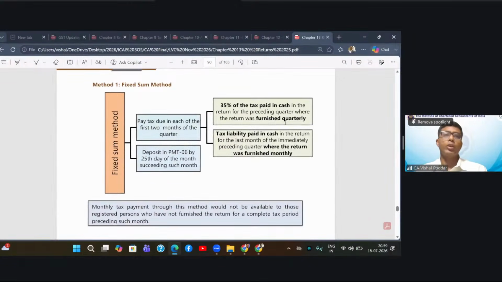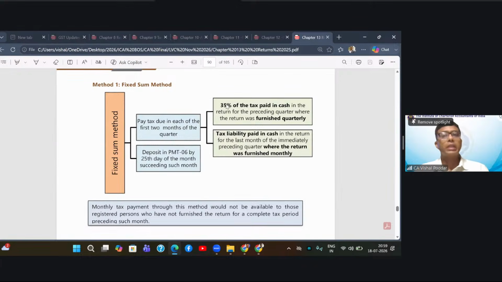Now, how will you compute the amount under the fixed sum method? Here you have to pay tax due in each of the first 2 months of the quarter. You have to pay this using PMT 06 by 25th of the next month. Now, how is this fixed amount calculated? You have to pay in month 1 and month 2, both the months.